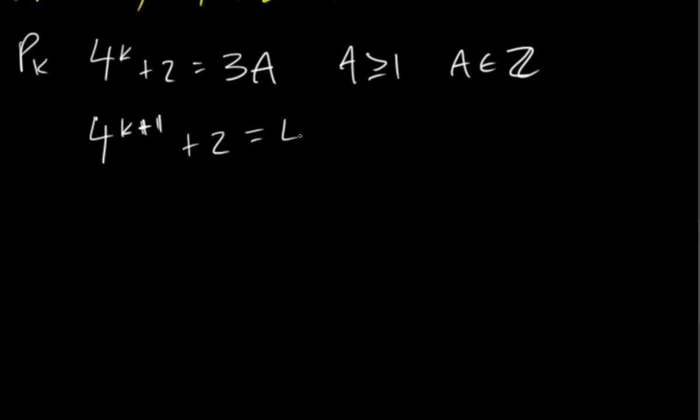So I just plugged in k plus 1, and so we get 4 to the k plus 1, plus 2. And what we are going to do after that, we have 4 times 4 to the k plus 2.